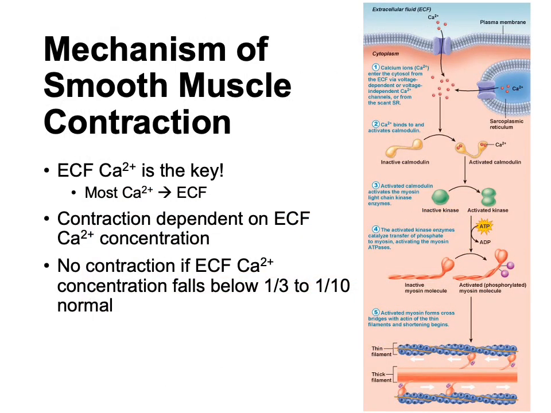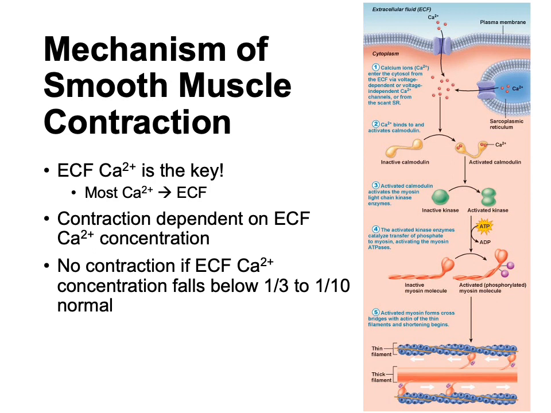Mechanism of smooth muscle contraction. Extracellular calcium is the key to a smooth muscle contraction. Most of the calcium that's required to facilitate a smooth muscle contraction comes from extracellular fluid. Contraction of smooth muscle is dependent on extracellular fluid calcium concentration.